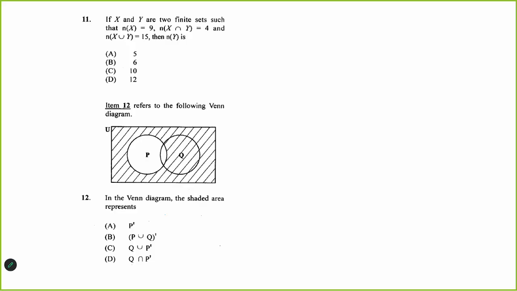We did this question already. It was 10. The union is 15, equal to 9 plus that value there, minus the intersection, which is 4. 9 minus 4 is 5.